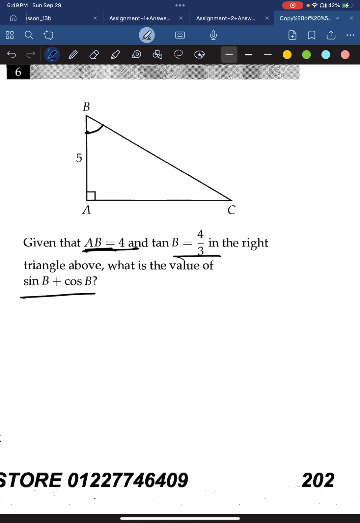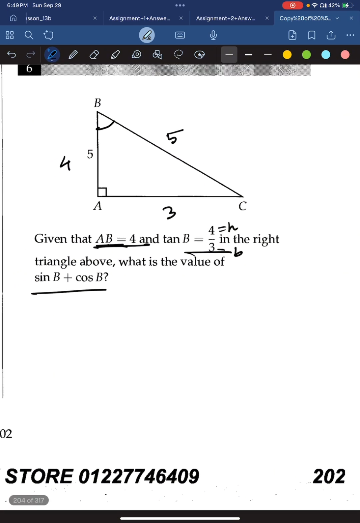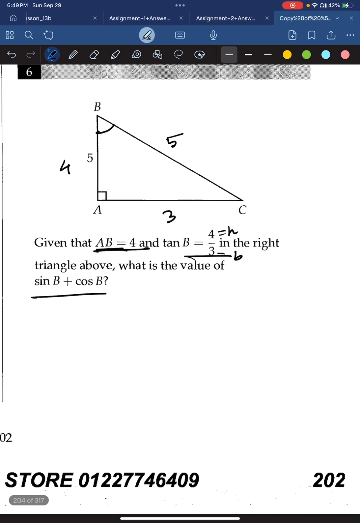So 4 is equal to height, and base is equal to 3. That's the ratio, so let's just write it 4 over 3. What's the opposite? Opposite should be 5 then. What is the value of sine B plus cos B?